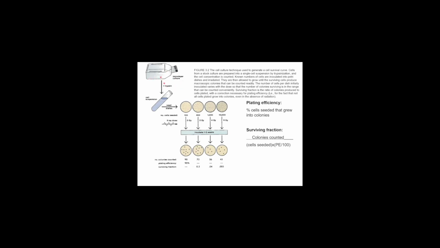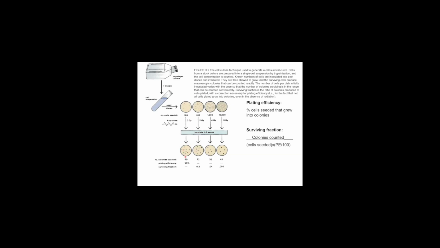It lifts the cells off the bottom of the flask, puts them into suspension. And now what do we want to do? We want to see whether a single cell can become a colony of cells. So we plant these cells in a petri dish, one by one, and we allow them to grow for a few weeks, and then we count the colonies that result.